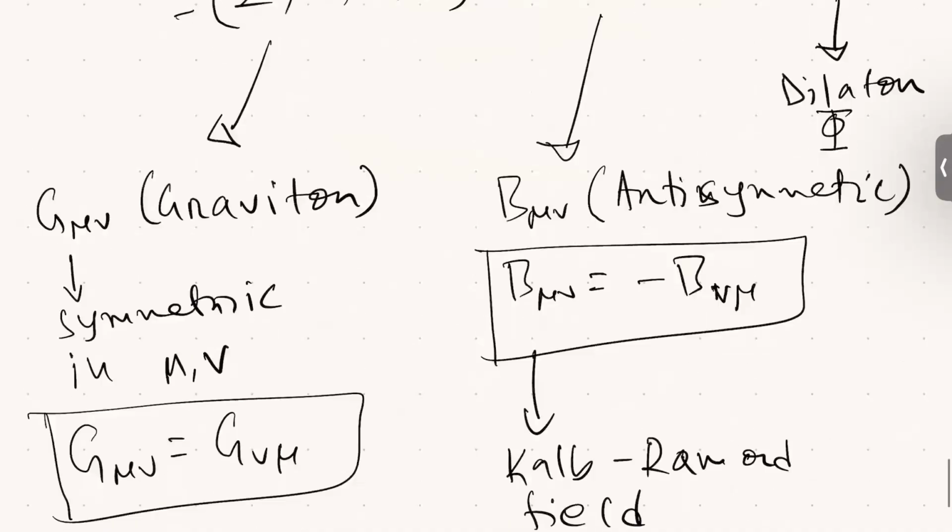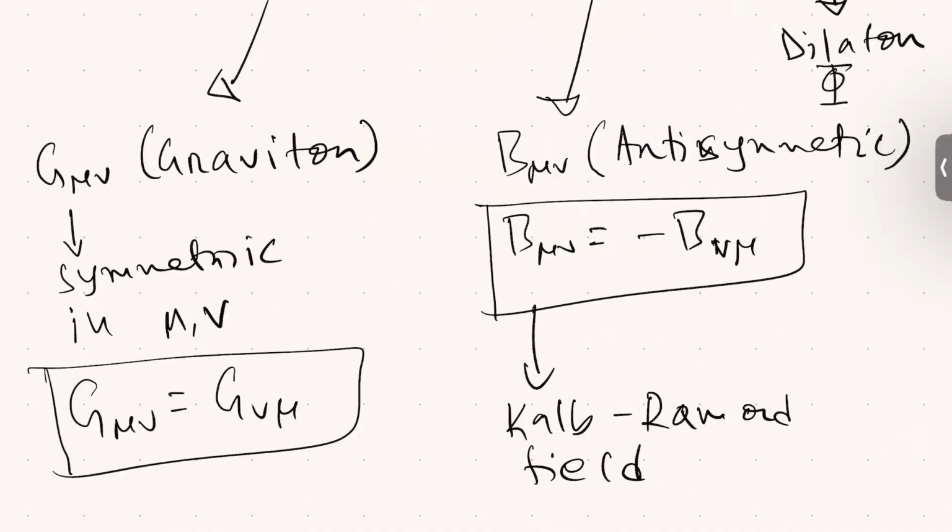One is a metric, G mu nu. The other is an antisymmetric B field, and a dilaton. All right.